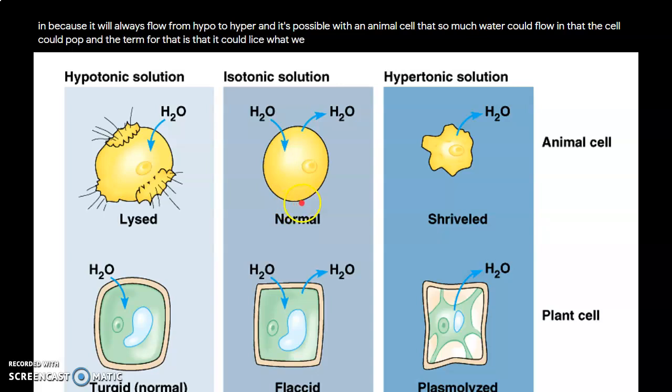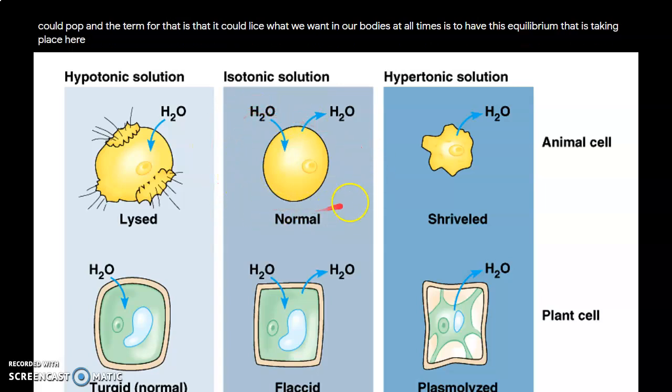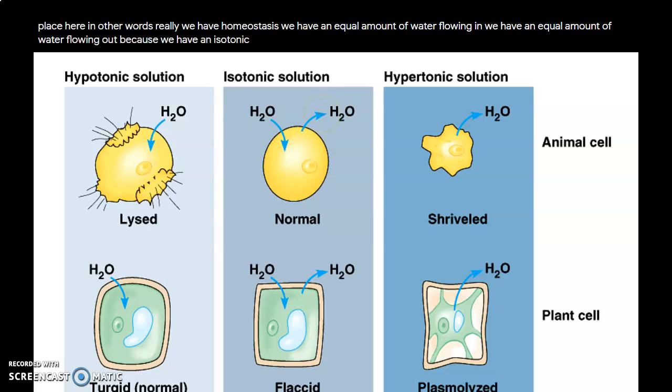What we want in our bodies at all times is to have this equilibrium that is taking place here. In other words, really, we have homeostasis. We have an equal amount of water flowing in, we have an equal amount of water flowing out, because we have an isotonic solution inside and out.